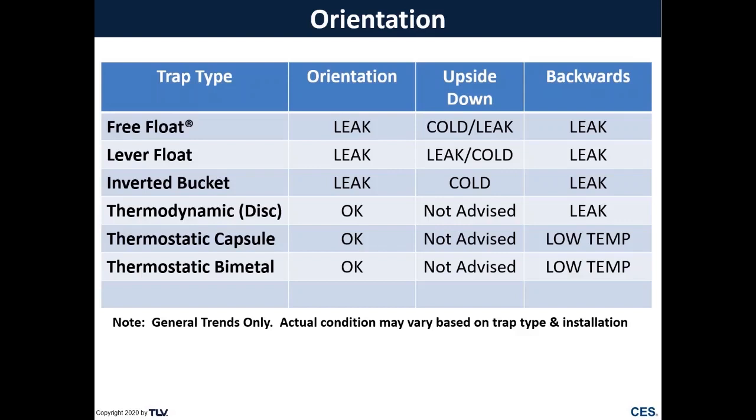And while thermodynamic and thermostatic traps may function upside down, it's definitely not advised because of shorter service life. And then traps installed backwards, mechanical traps and disc traps are going to tend to leak when installed upside down, and thermostatic traps may still function to a degree, but the discharge temperature is going to be much lower than what's intended, which may back up condensate.